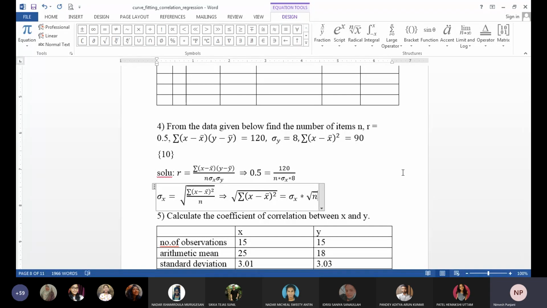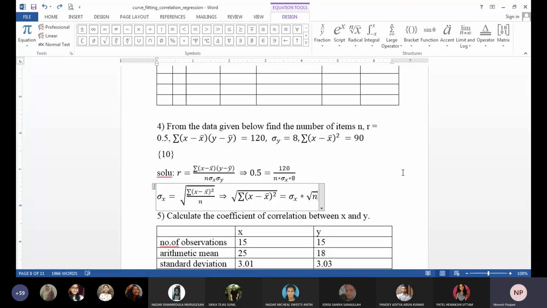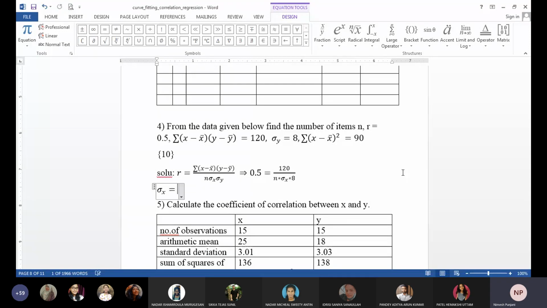Why make things complicated? I will directly substitute the formula of sigma x.